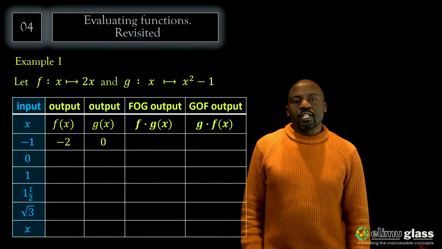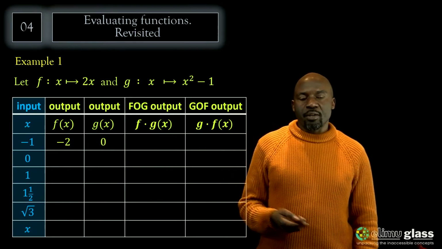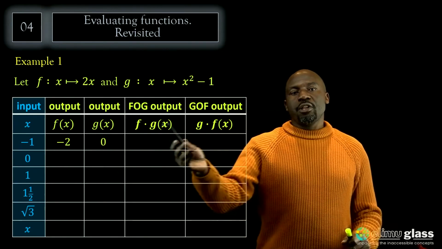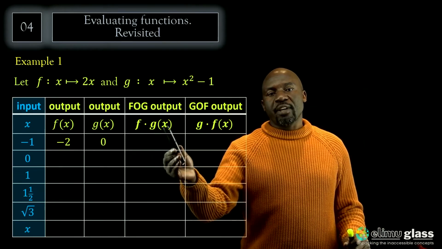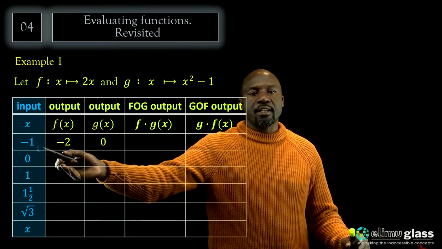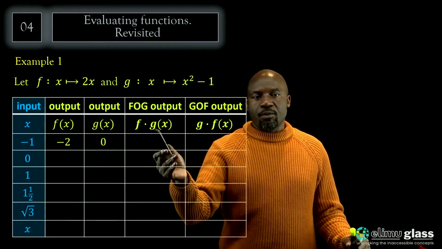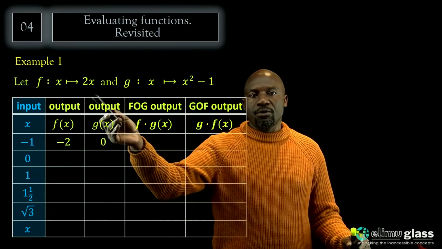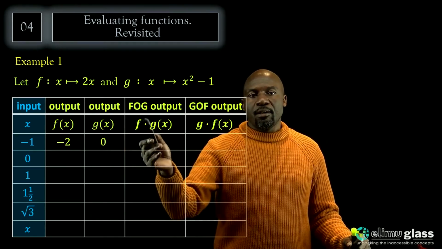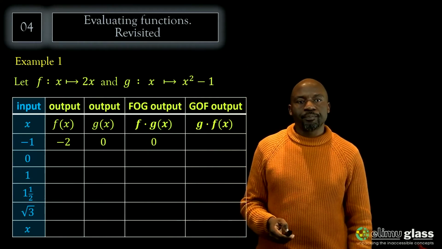What do we expect the value of f of g of x to be? Well, we already know what g of x is. G of x is 0 when x is negative 1. So we look for f of 0, put 0 here. We should get f of g of x to be 0 as well.